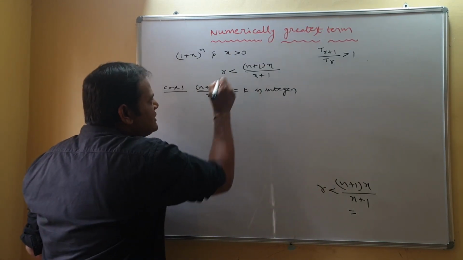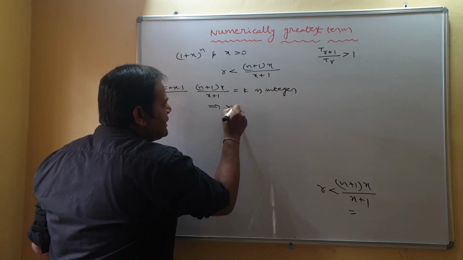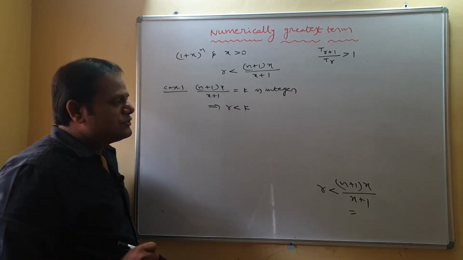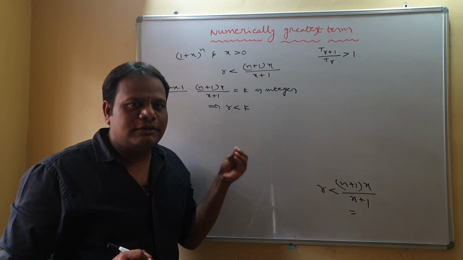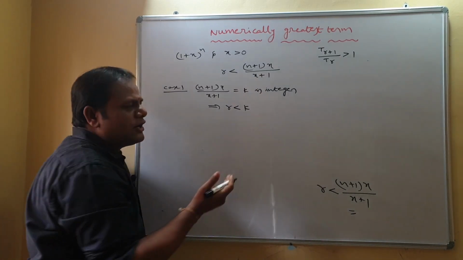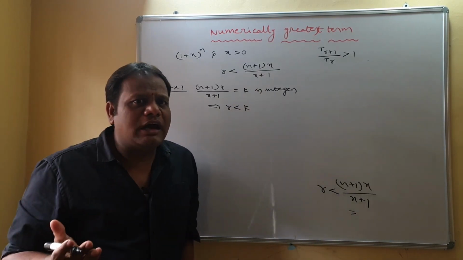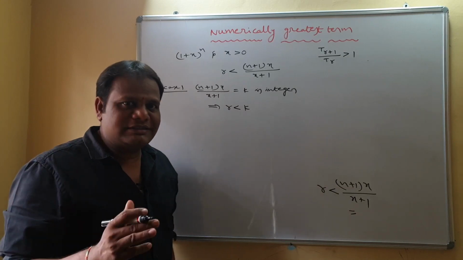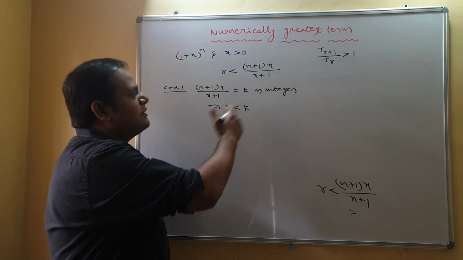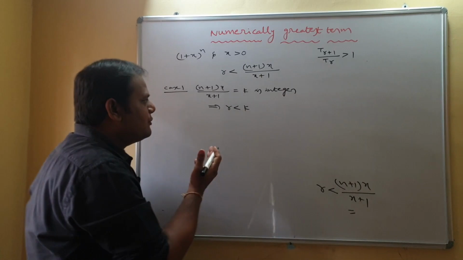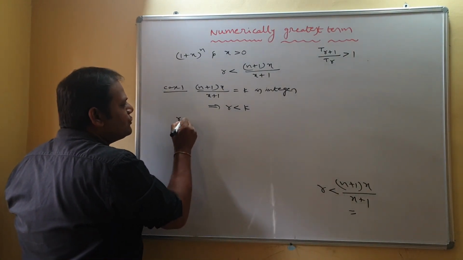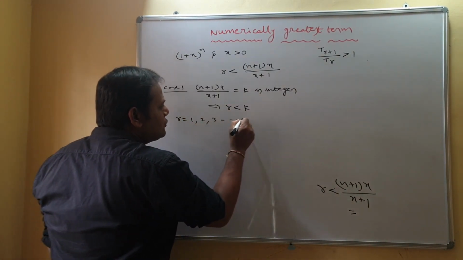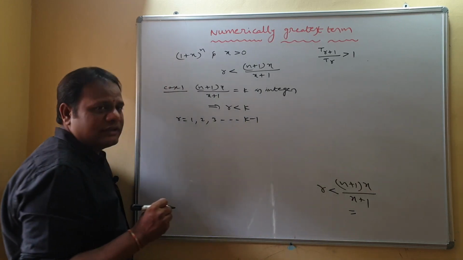This becomes r less than k, and k is an integer. We know r is also an integer, so r is an integer less than the integer k. Means r values you can take are 1, 2, 3, and so on, up to k minus 1.